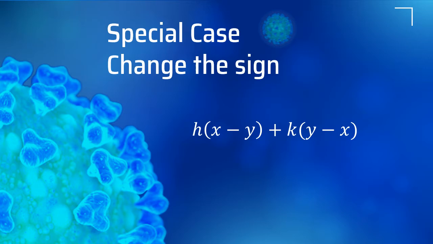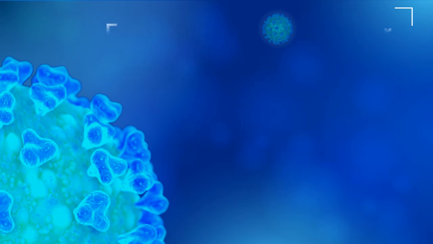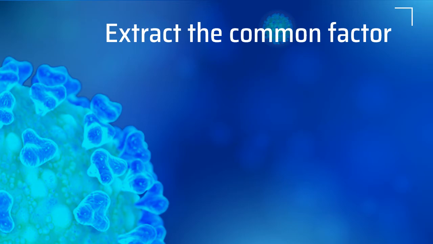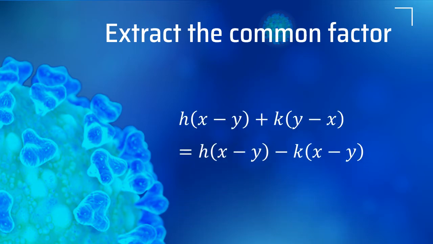So plus k, you change it to minus k. And in brackets, x minus y. Now they have the common factor x minus y. Our last step, extract the common factor. You just need to put x minus y in front and leave h minus k. Final answer.